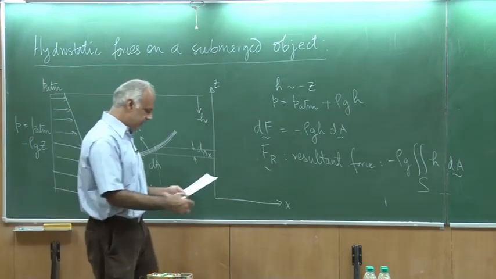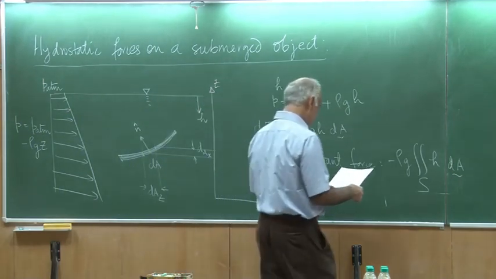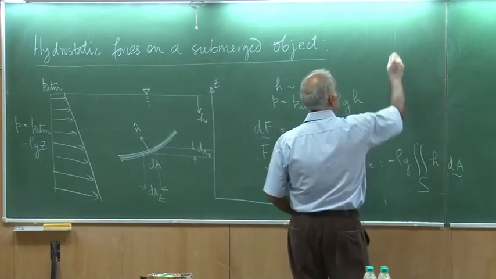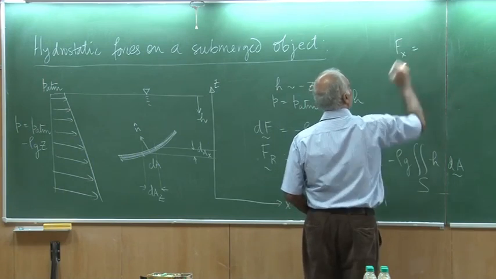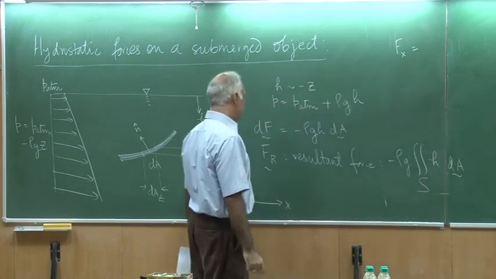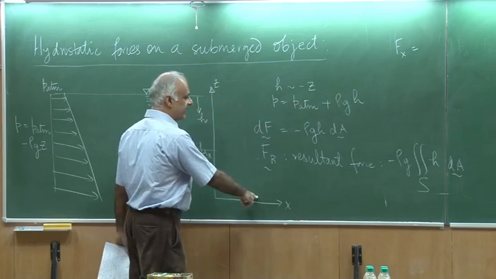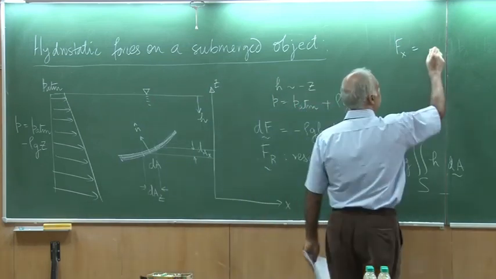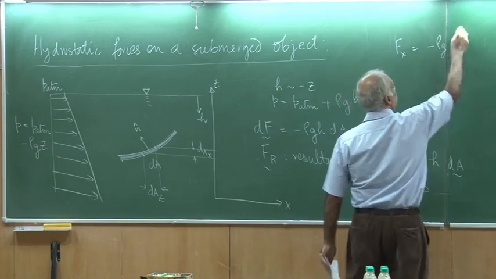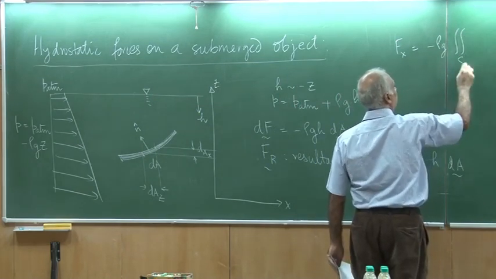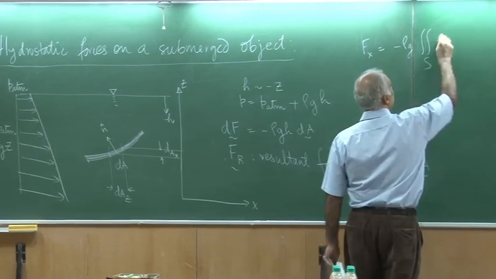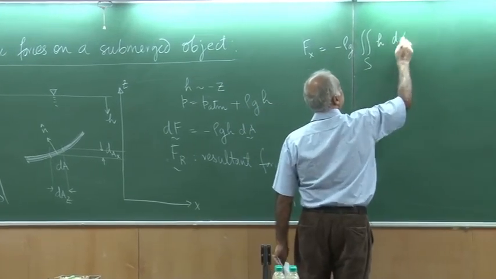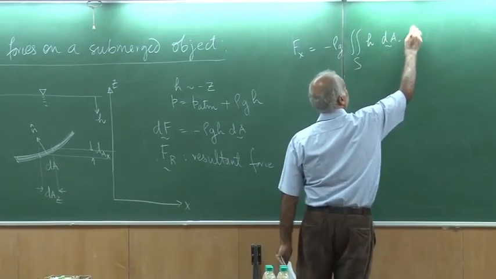So, I can calculate these individual components. Fx, for example, would be the force in the x direction. Notice rho g remains here, and as far as this integral is concerned, now I can say this is dA dot i.